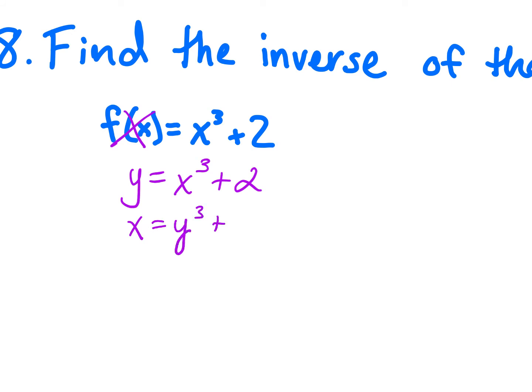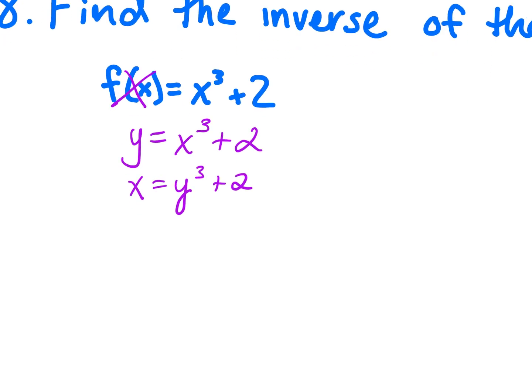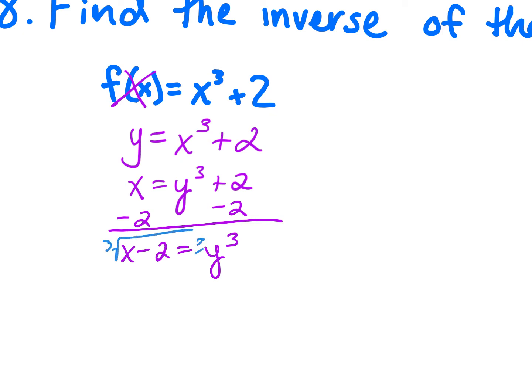Inverses, we switch the places of x and y. And now we solve for y. So I'm going to subtract 2 from both sides. So I have x minus 2 equals y cubed. And then what? Take the cube root. Good. So I have y equals the cube root of x minus 2.